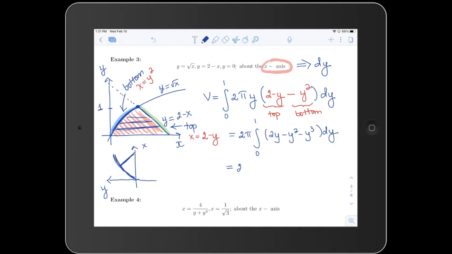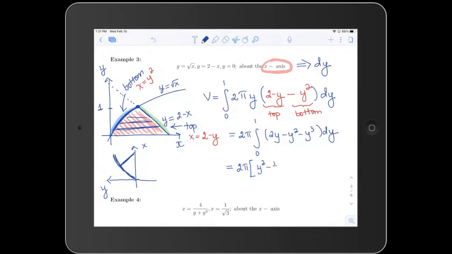Okay, so this is 2 pi. The antiderivative here would be what? This is y squared minus 1/3 y cubed minus 1/4 y to the 4th, and we go from 0 to 1. Okay, that's nice. From 0, everything is gone.